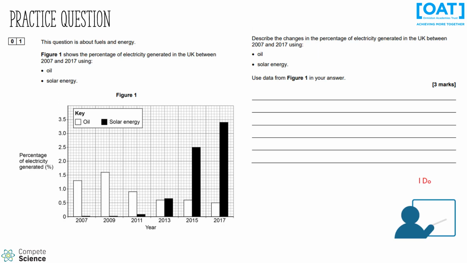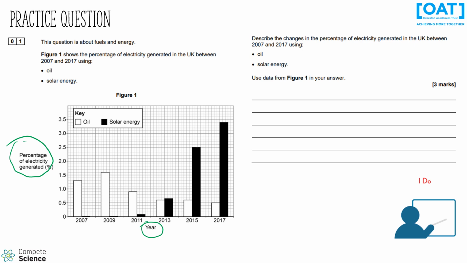So look at this practice question. This question is about fuels and energy. Figure 1 shows the percentage of electricity generated in the UK between 2007 and 2017 using oil and solar energy. We have on the y-axis the percentage of electricity generated, and the x-axis we've got the year.